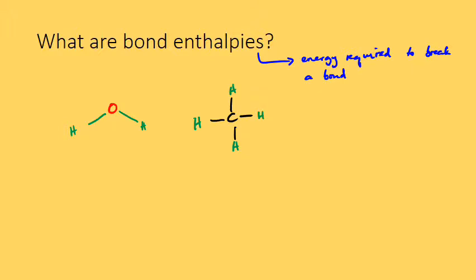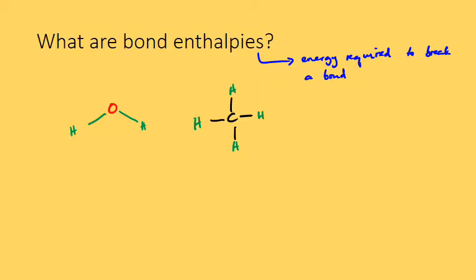Whereas if it is a weak covalent bond, so not all covalent bonds are the same strength, it will require less energy to break it, and therefore the bond enthalpy for that bond will be lower. That defines what bond enthalpies are.